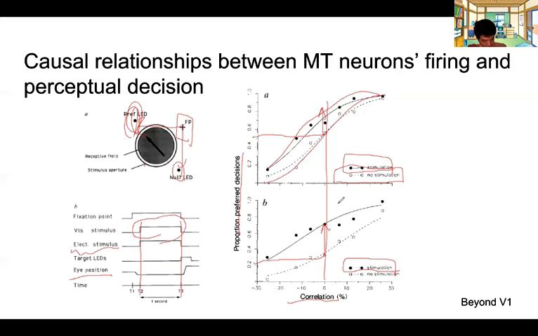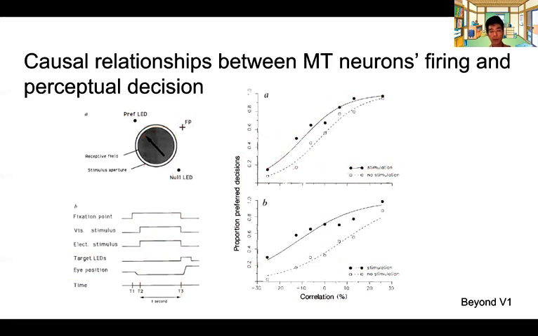This is actually quite significant because here the electrical stimulation skipped all the way from the retina to LGN to V1 and then directly stimulated MT. And this artificial stimulation was, in a sense, confused or perceived by the monkey almost like a motion stimulus. And that's why they reported like this. Okay, so this electrical stimulation experiment is very important in terms of building this causality between MT neurons' activation and motion perception.